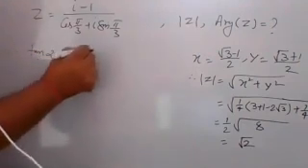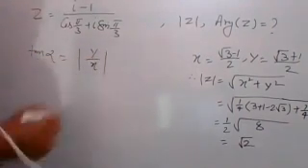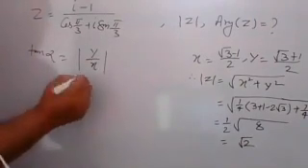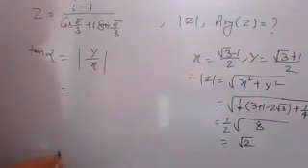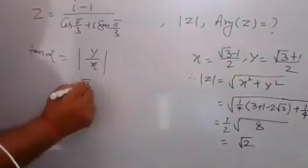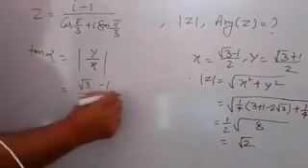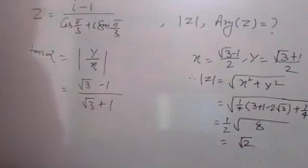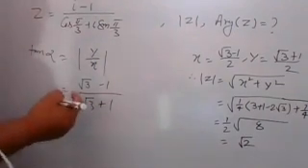Tan alpha is equal to mod of y upon x. So if you put its value, because the values of x and y are positive, the mod is removed here. Root 3 minus 1 upon root 3 plus 1. You have this value.